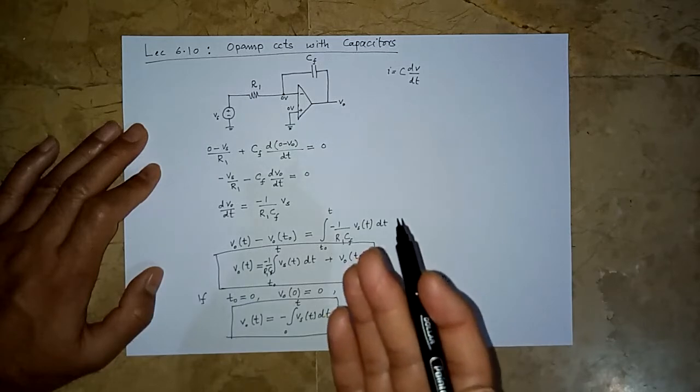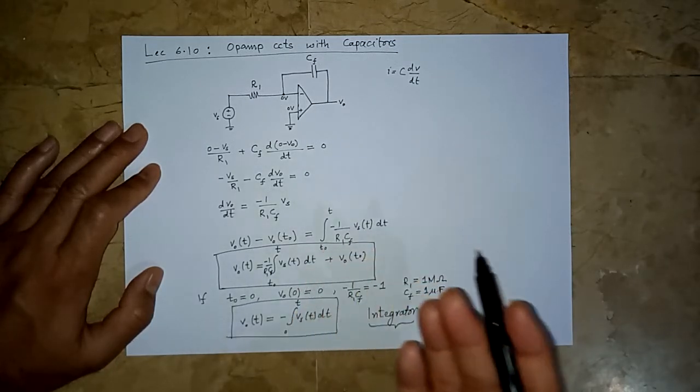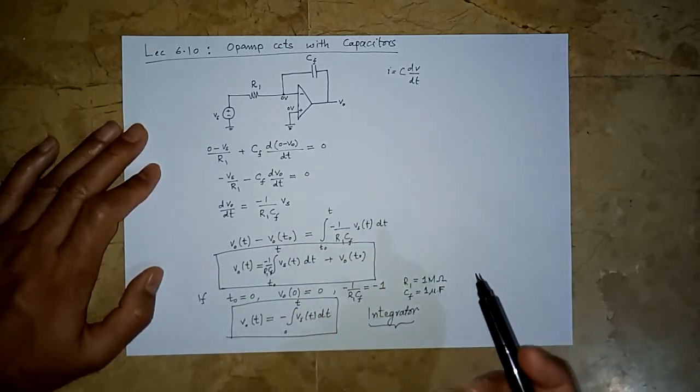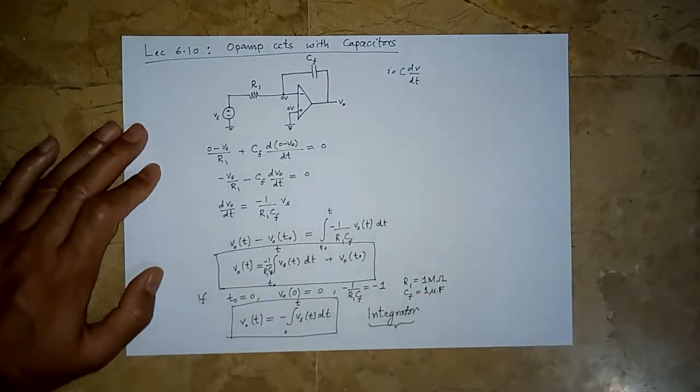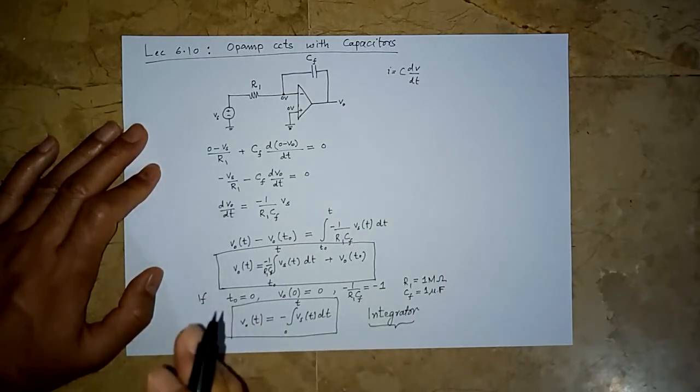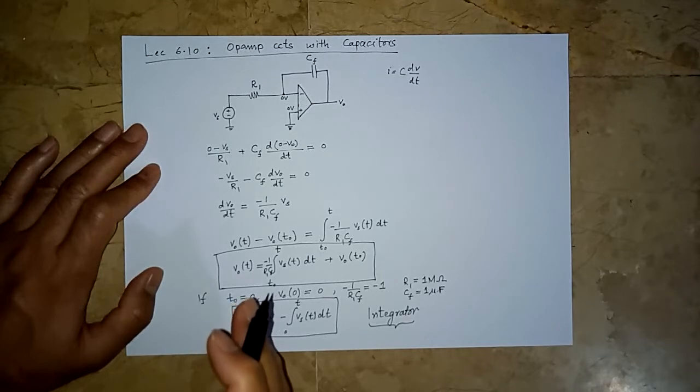So capacitors are liked in op-amp circuits, but inductors are not. Inductors are never liked in any circuits. They are only used where it is very necessary to use them. Otherwise, if possible, they are not used.